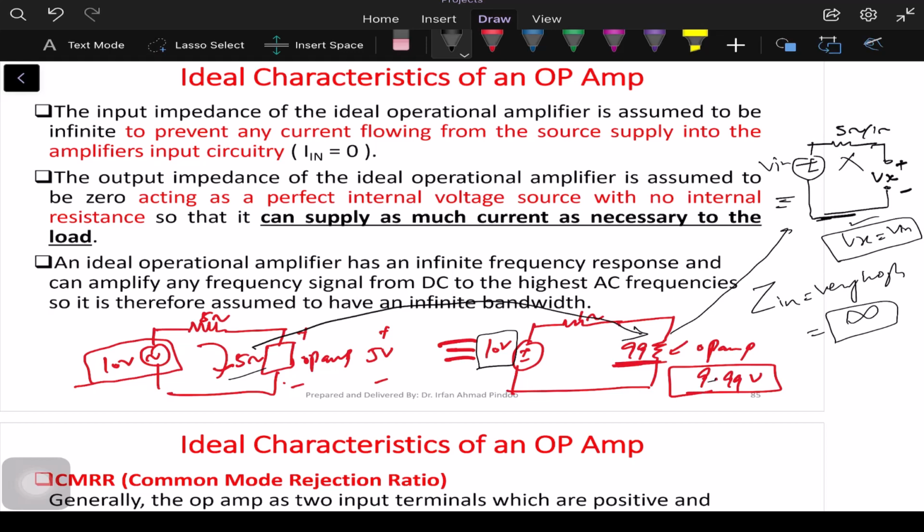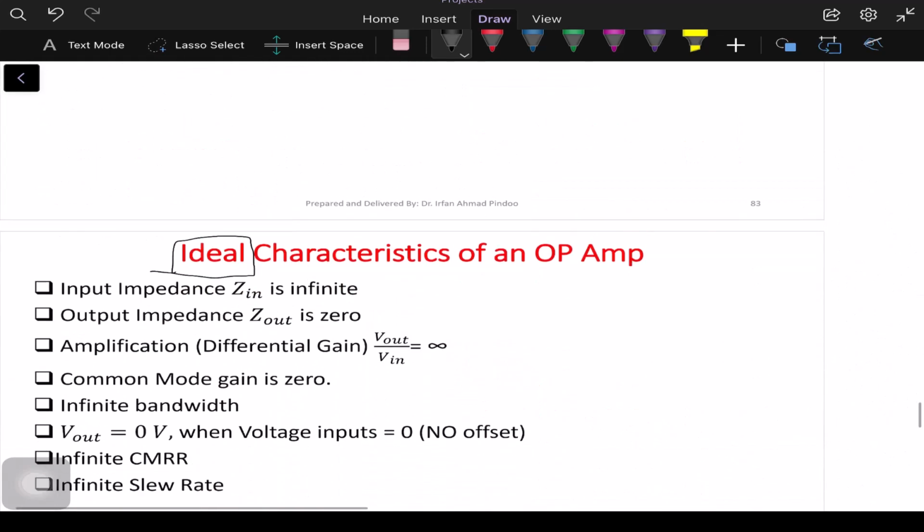Now the second point is, why should the output impedance be 0? Again, the reason is, once we get a certain output, we have to divide it in 2 parts.